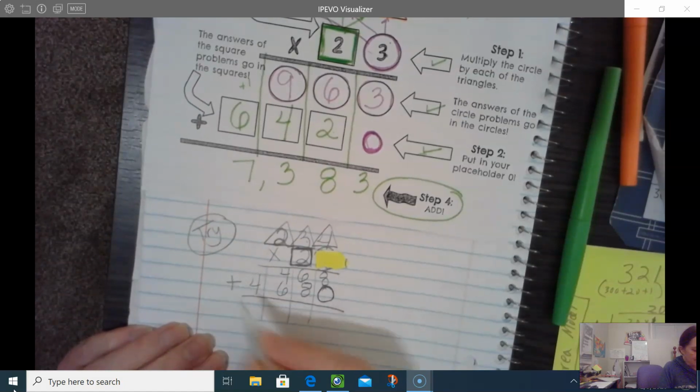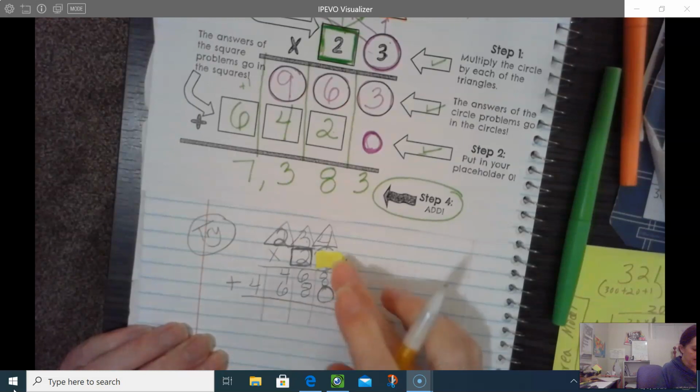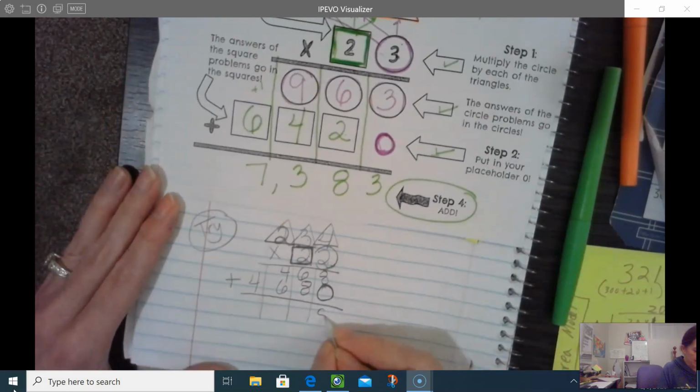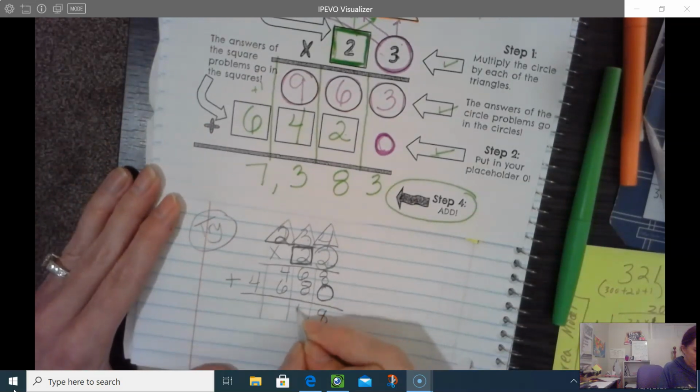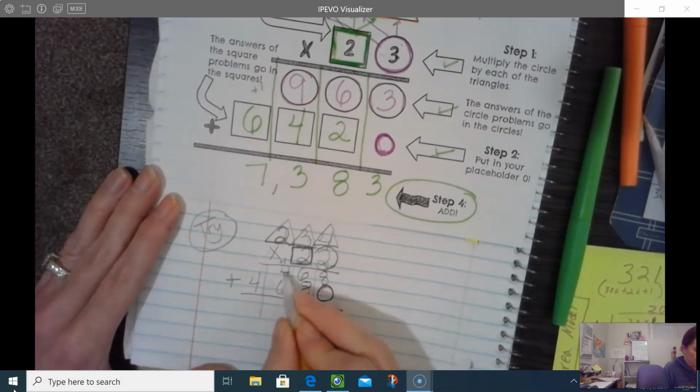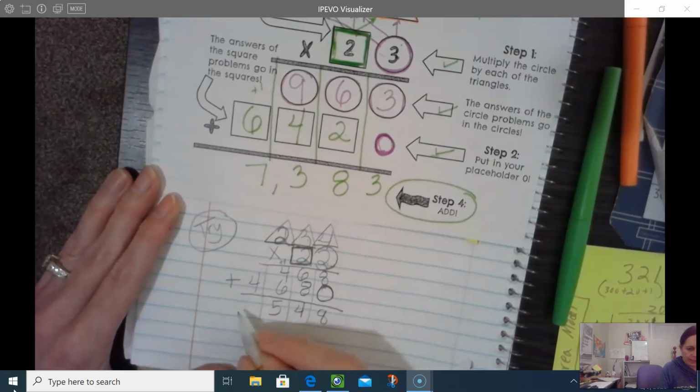I've got everything lined up nice and neat. My last step is to do my addition. So go ahead and add. I've got an 8. 8 plus 6, 14. Carry up your 1. 6 plus 4 plus 1 more, that's a 5. And then I have my 4 right here.